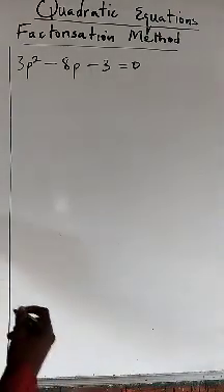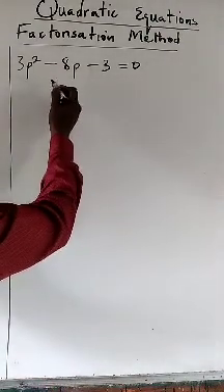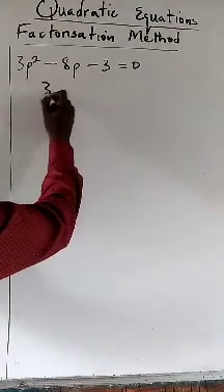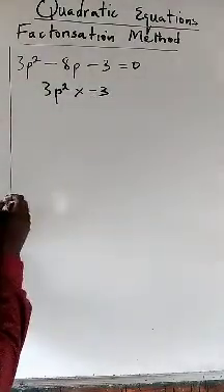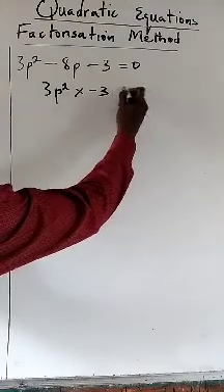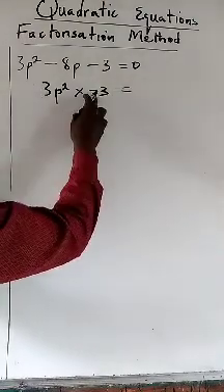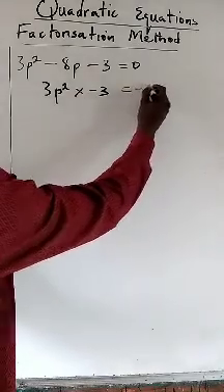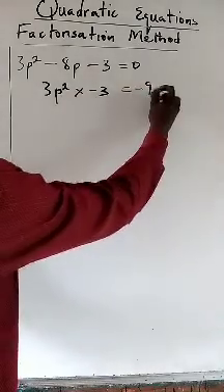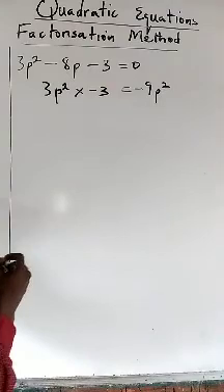If you multiply them, you'll have 3p squared times minus 3. Plus times minus is minus, and 3 times 3 is 9, so you get minus 9p squared.